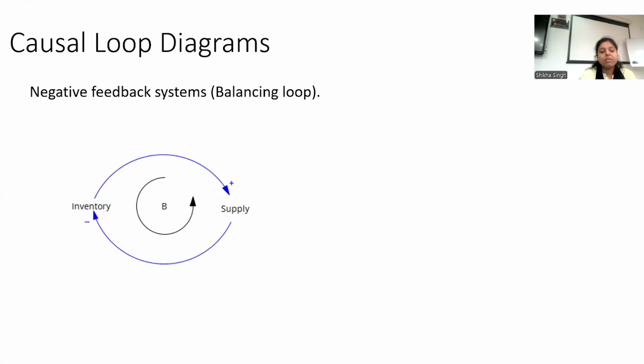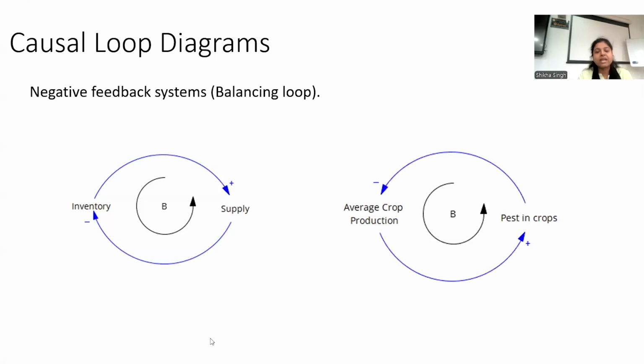If I give one more example, it is again the same thing: average crop production and the pests in crops. If the average crop production is more, the chances of having pests in the crop will also be higher.